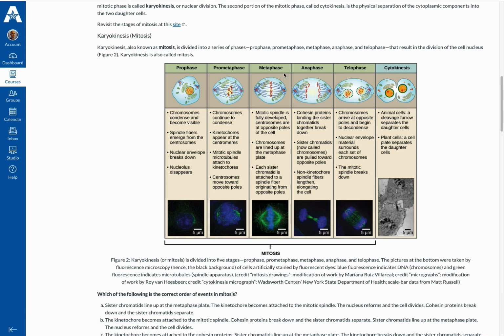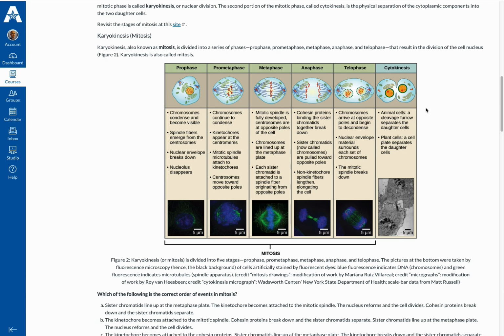In the metaphase, all those chromosomes are lined up around the center of the cell. Anaphase, the sister chromatids are separated. The cohesin protein that holds the chromatids together is broken down, and those sister chromatids can now be called chromosomes. And telophase is when the nuclear envelope reforms, and cytokinesis is when the cells actually separate apart.